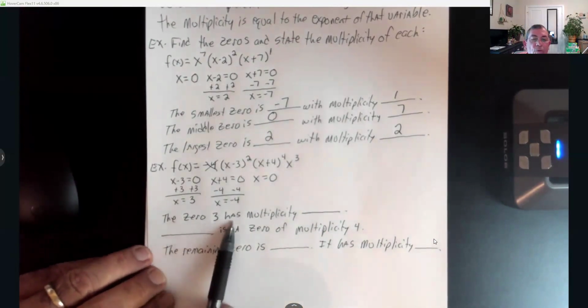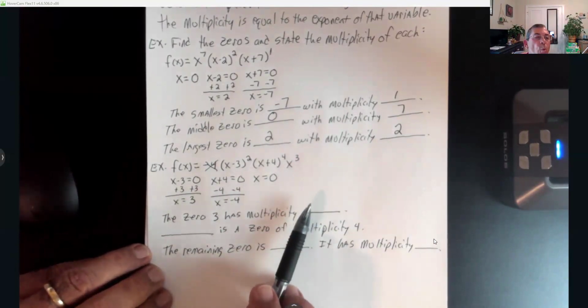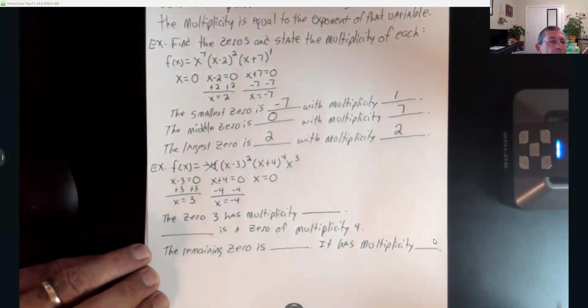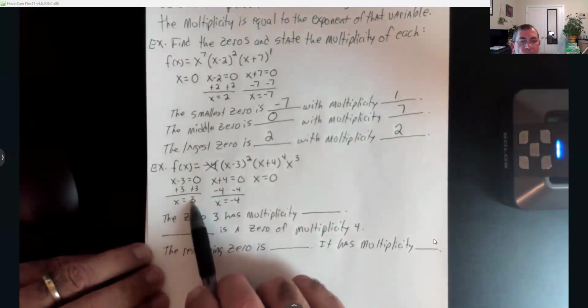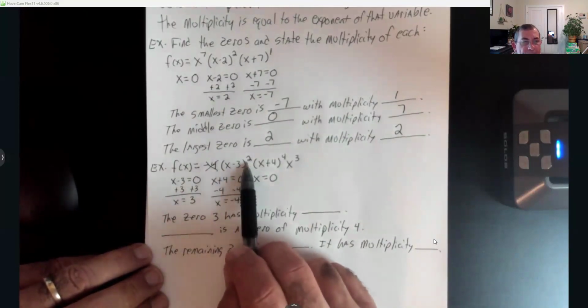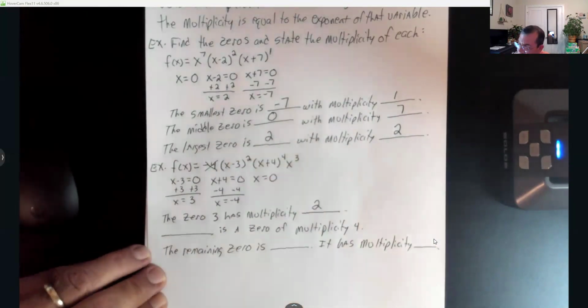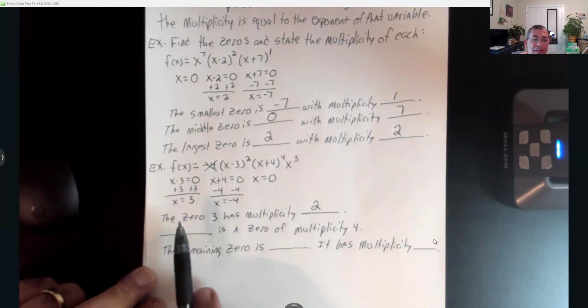So the 0, 3 has a multiplicity of what? All right, Eva, what you got going on there? You and Nat got 2. So the 0, 3 came from this factor, which definitely, good job, has a degree of 2 or multiplicity of 2. So then how about this?